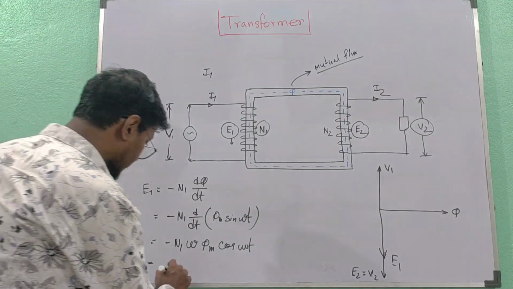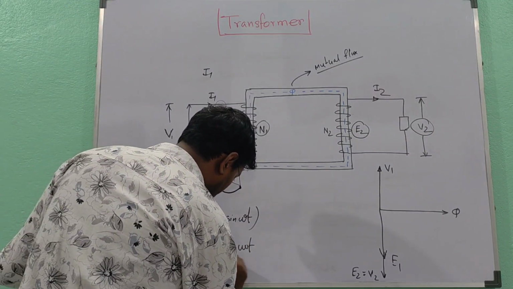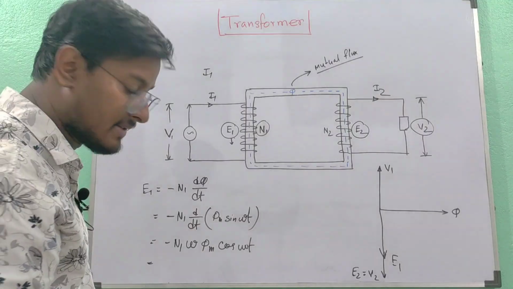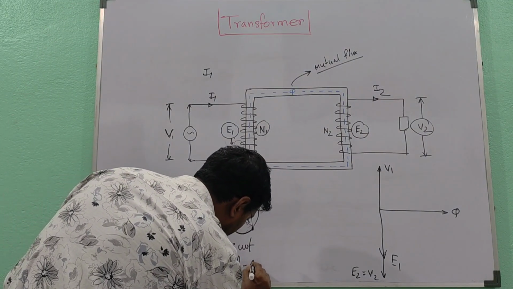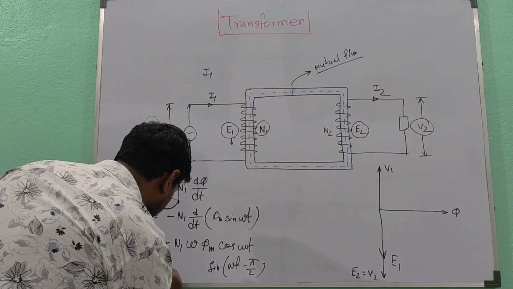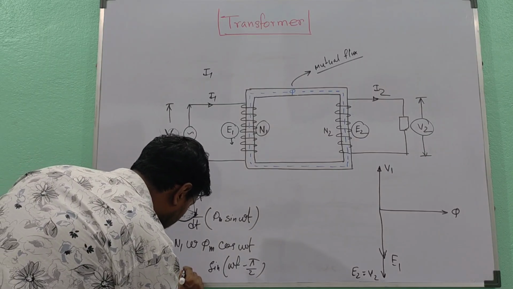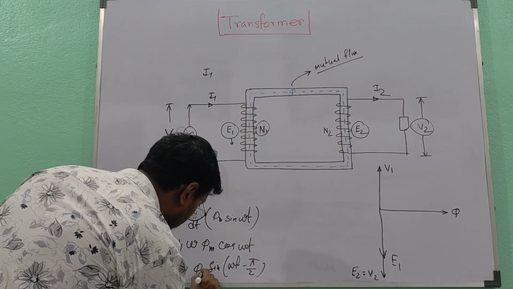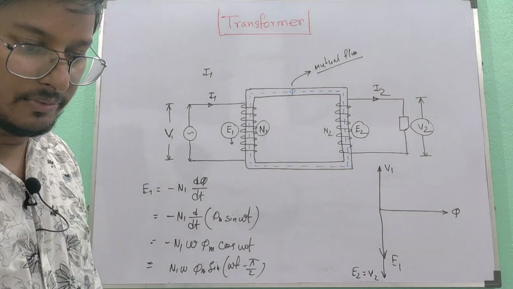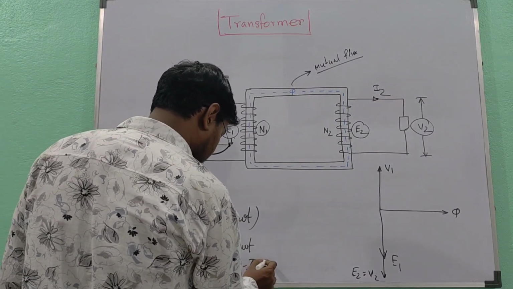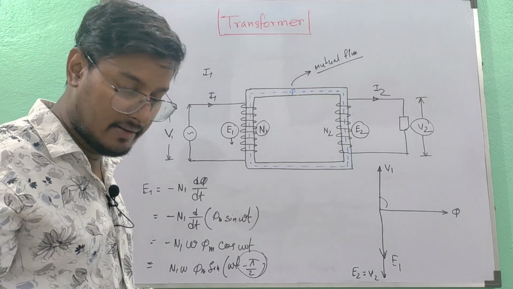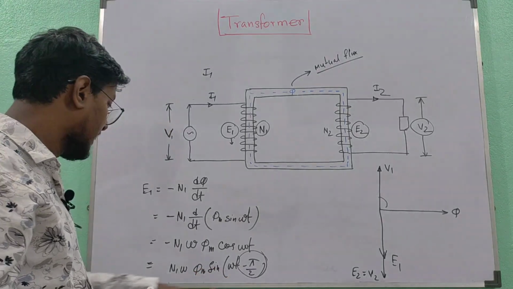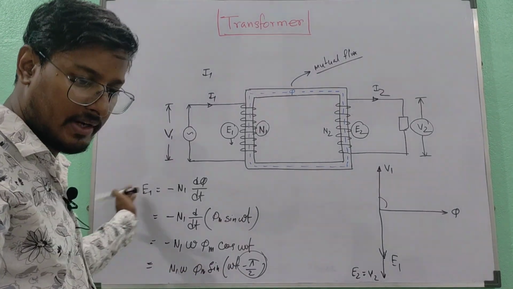We can write this cos omega t as minus of sin omega t minus pi by 2. So minus minus plus हो जाएगा, E1 is equal to N1 omega phi m sin omega t minus pi by 2. So as you can see, this is minus pi by 2. E1 and E2 lag behind the main flux by pi by 2. Similarly, we can derive the E2 expression also.